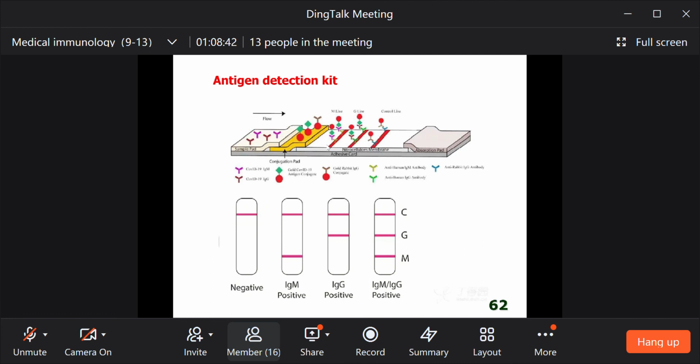If no line is displayed, it means a negative result. So the basis of this kit is that the antigen and antibody bind each other specifically.